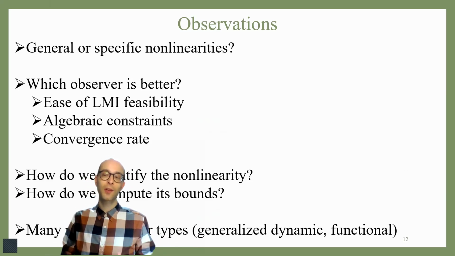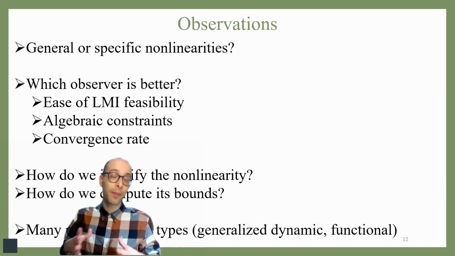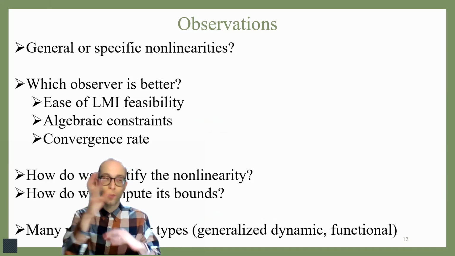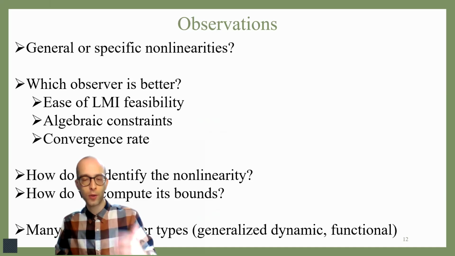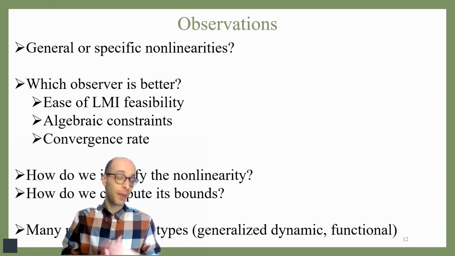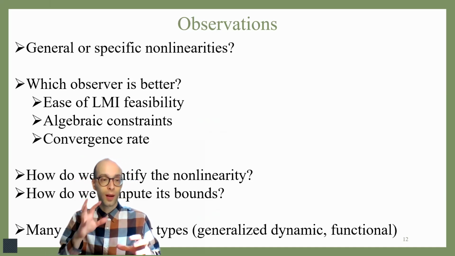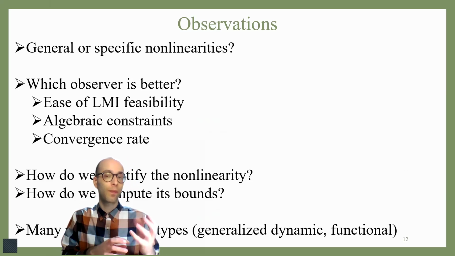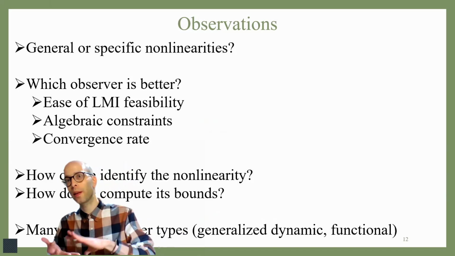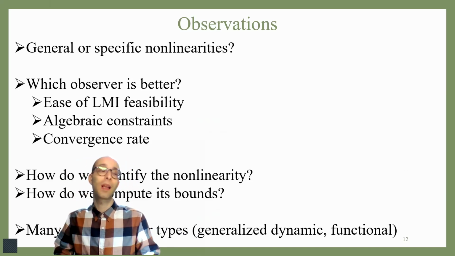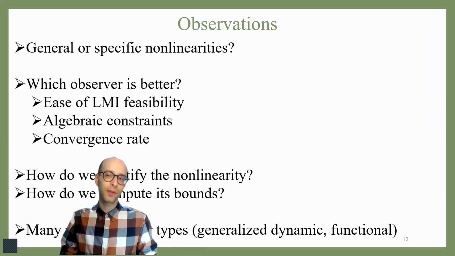So overall, the literature is rich, and there are many, many open problems for the future. So if you take different types of nonlinearities and different types of observers like functional, Luenberger, dynamic, generalized dynamic observers, you can have many different contributions both with respect to the type of observer and with respect to the type of nonlinearity, which has to do with the system type. So the field is very active and there are many, many open problems at the moment.